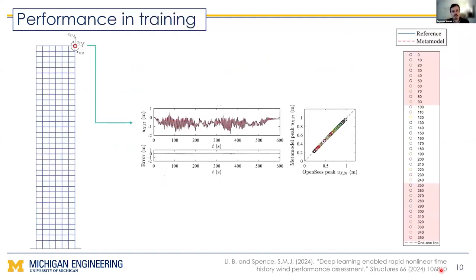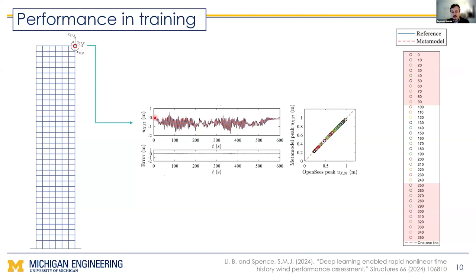So let's take a look at some results. This is performance in training. What we're looking at is just one response, the horizontal response at the top of the building. This is a time history response for a representative sample in training. You've got your blue time history, the stochastic output reference in blue, and then the dashed red line is the predicted stochastic output.